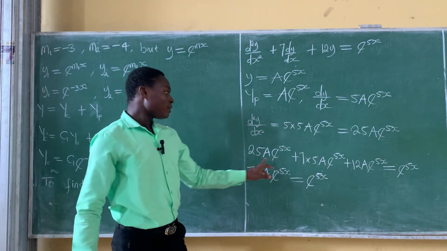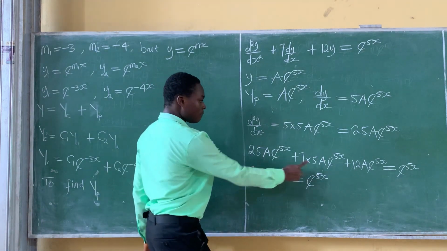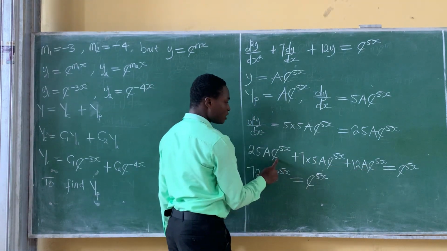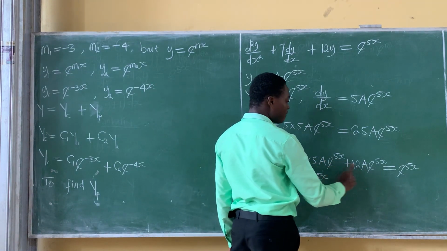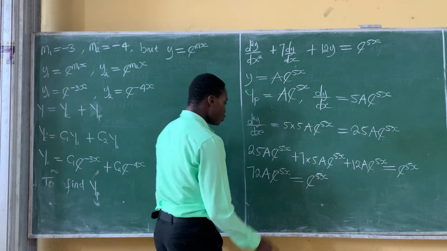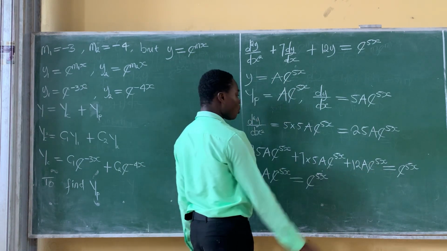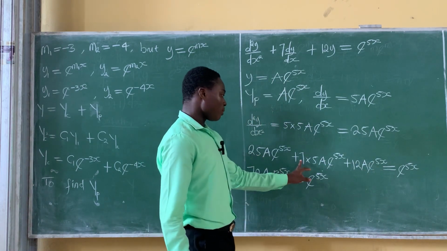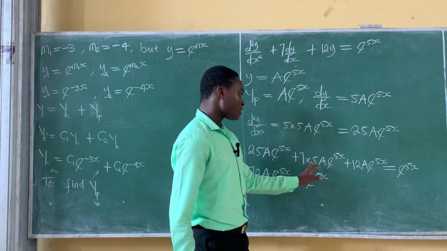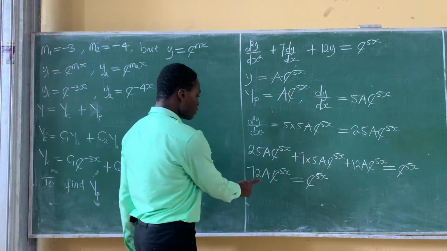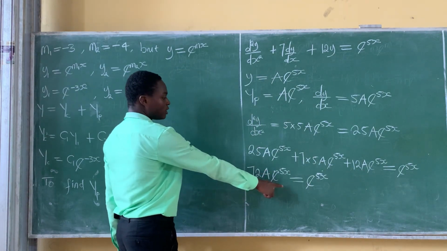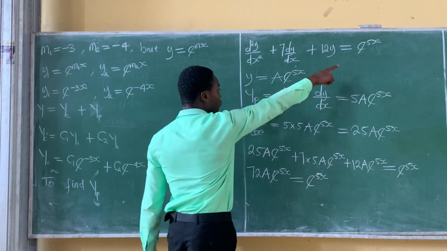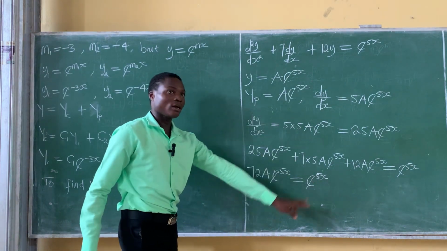Please take note, I add them together because they are the same. This is a, this is a, this is a. This is exponential 5x, exponential 5x, and exponential 5x. So what you need to do is to add their coefficients, which is 25 plus 35, which is 7 times 5, plus 12, and that will give us 72. Then a exponential 5x, and this is equal to the right hand side, which is exponential 5x.